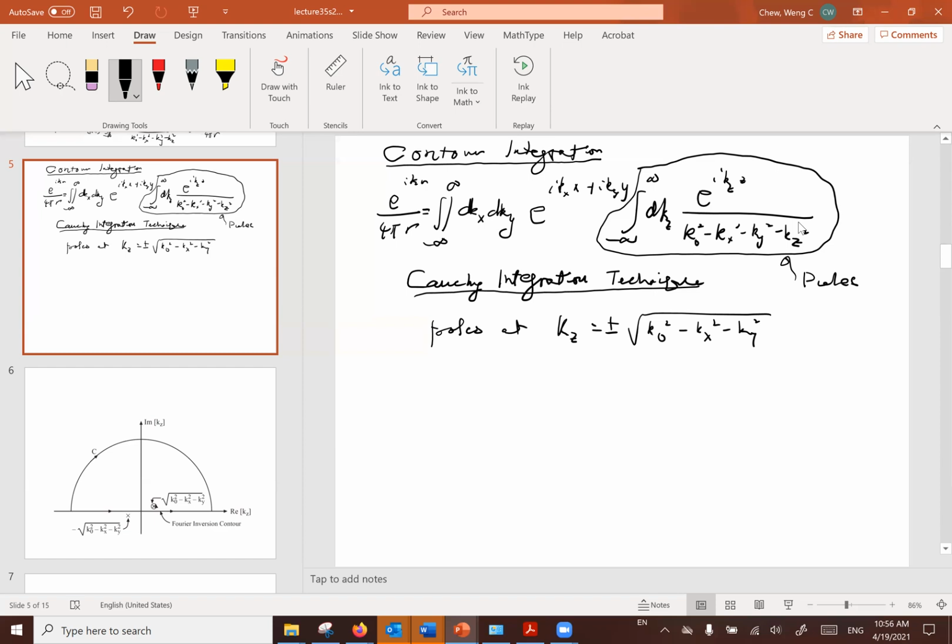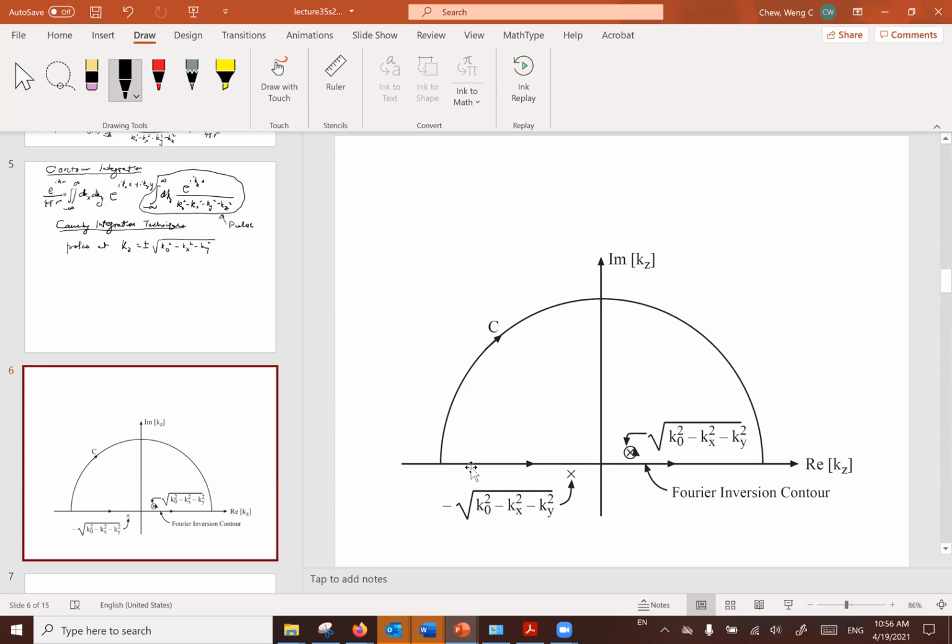So what do we do then? If the pole exists, then we can do the Cauchy integration technique, which means that I can do contour deformation. This is the kz integration. Okay, this is the kz integration. I can do the contour integration technique and add a complex contour over here.